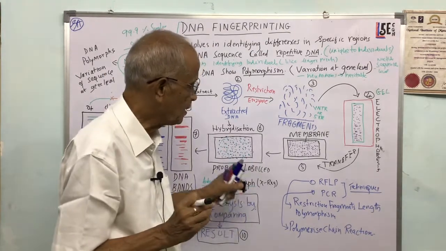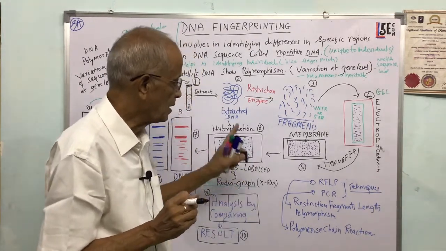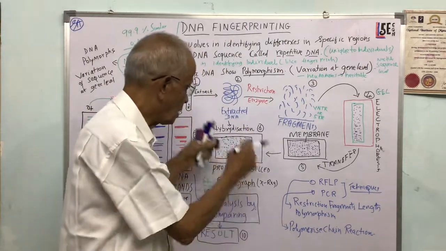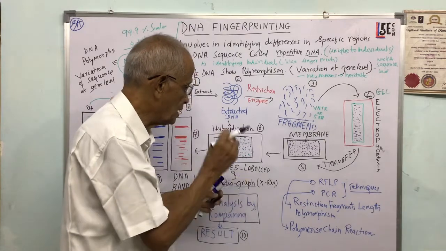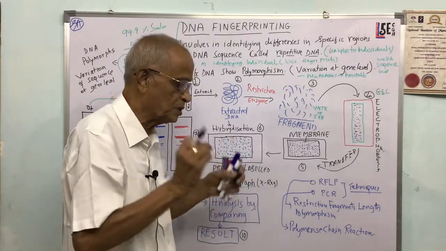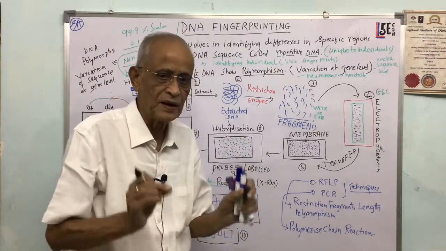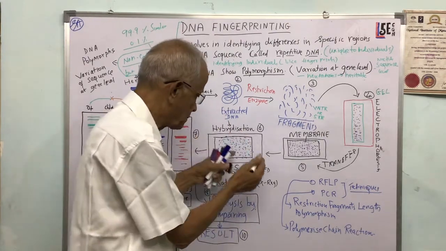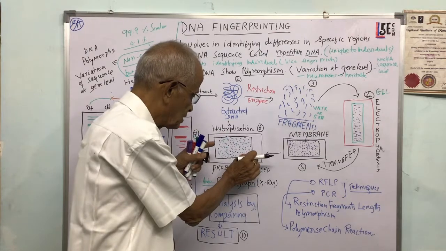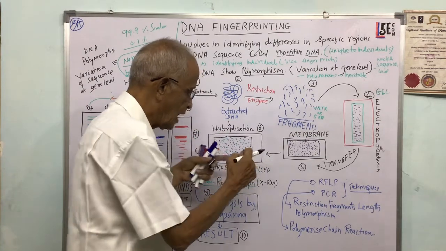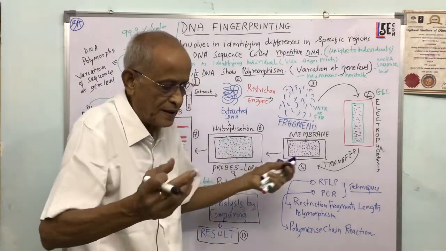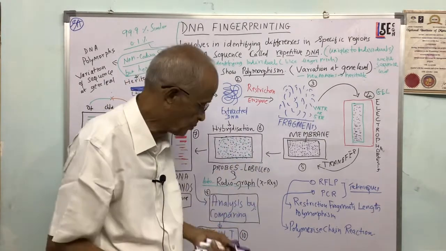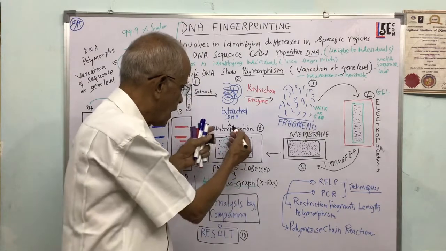It may be either smaller segments or larger segments. The known, identified DNA segments are used to hybridize, and they hybridize and they amplify. Their number will increase, and that is the hybridization.